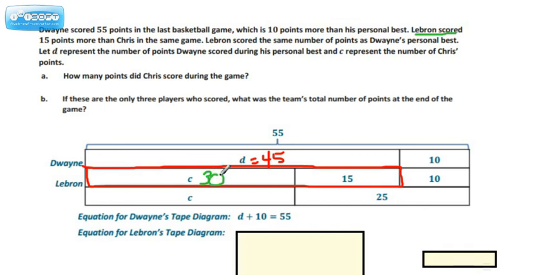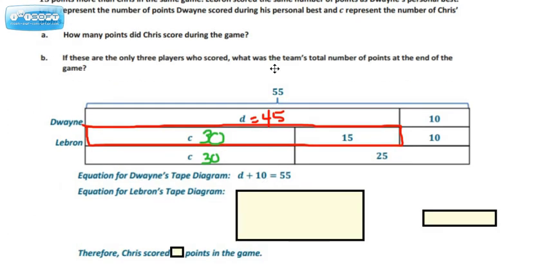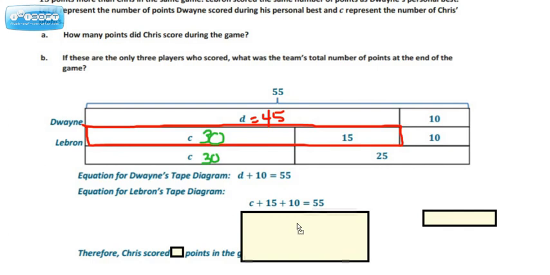Now at the same time, you want to make sure that your tape diagrams, the boxes going all the way across, still add up to be the 55. Does 30 plus 15 plus 10 still equal the 55 to make sure that that's correct? All right, so we'll put 30 here because we know that that's Chris. Now, if we were to put an equation down for that, we would write something like this.